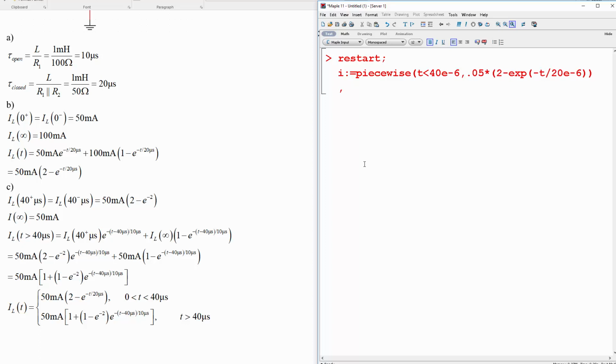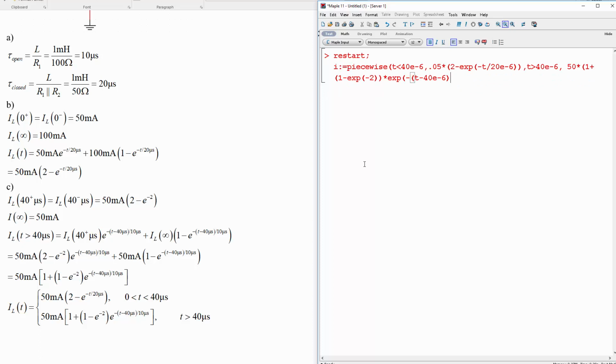And otherwise, if t is greater than 40 e minus 6, we're going to have 50 times 1 plus 1 minus e to the negative 2 times e to the negative t minus 40 e minus 6 divided by 10 e minus 6. Okay. So that's that thing that's multiplied by 50, and then we'll close out the piecewise function. So there's our I at t.